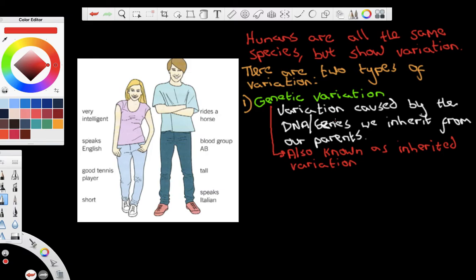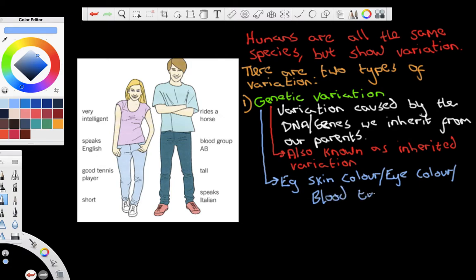Some examples of genetic variation can include skin colour, eye colour, so e.g. skin colour, eye colour, we can say blood type.